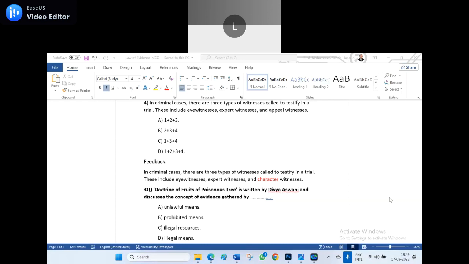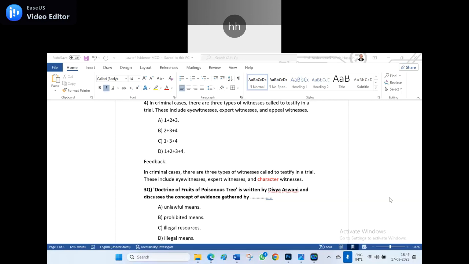Option B, prohibited means. Wrong. Option C, illegal resources. Wrong. Illegal means, sir? Illegal means is the right answer. D is the right answer.